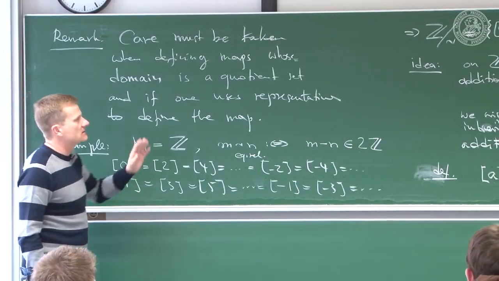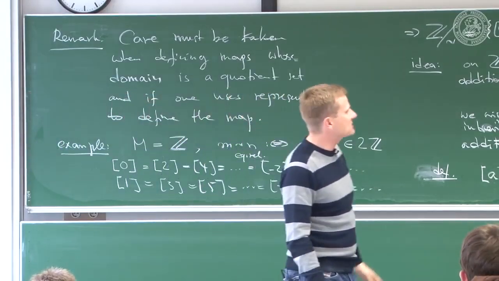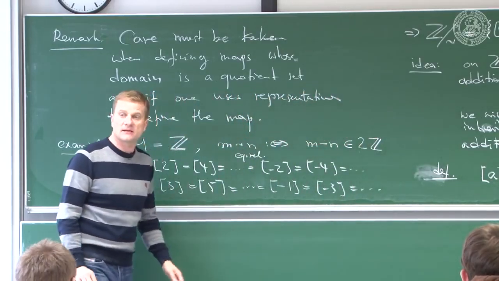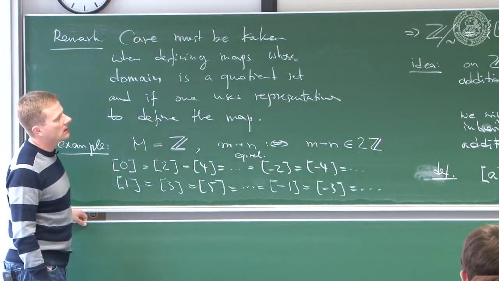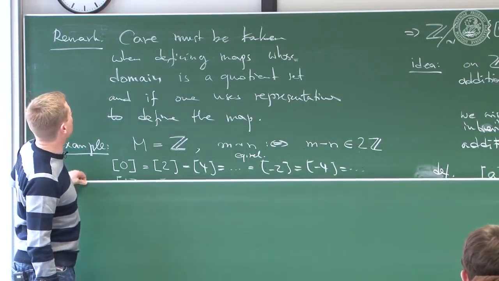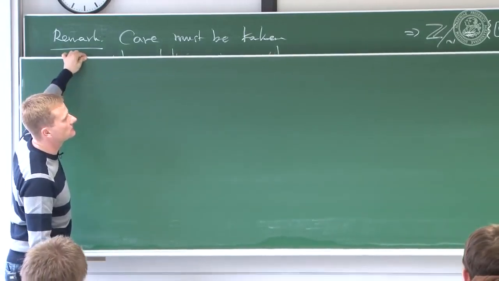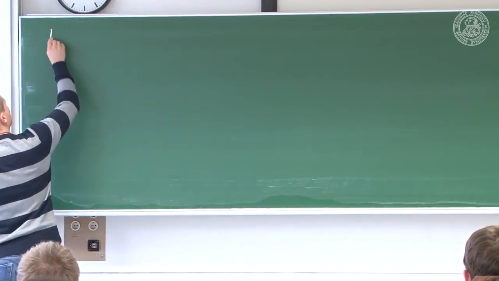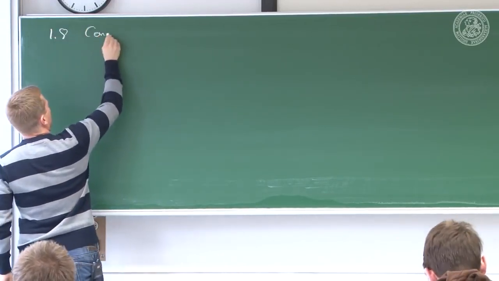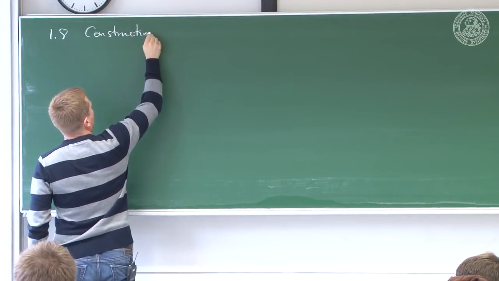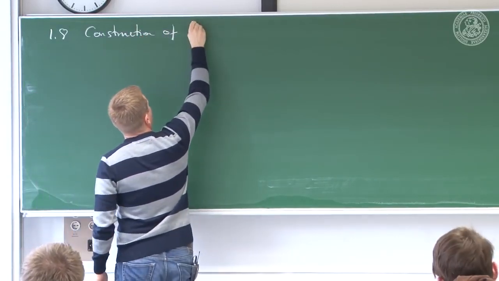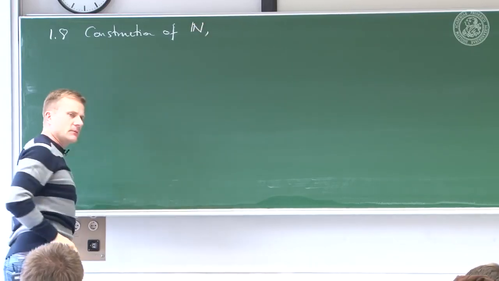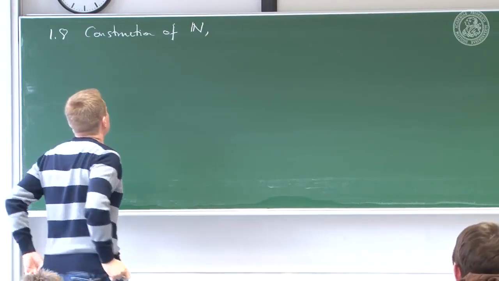And so this happens in various shapes and forms and fashions throughout many constructions in mathematics, and in fact throughout many constructions we're going to discuss in this course. So a final section of this chapter is 1.8, construction of integers, and we already talked about them, but I now mean including the operations on there.